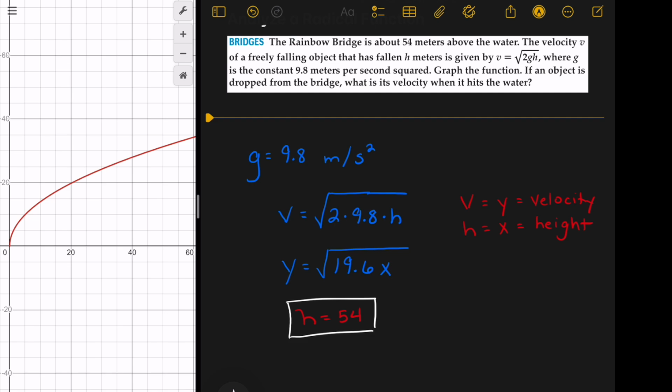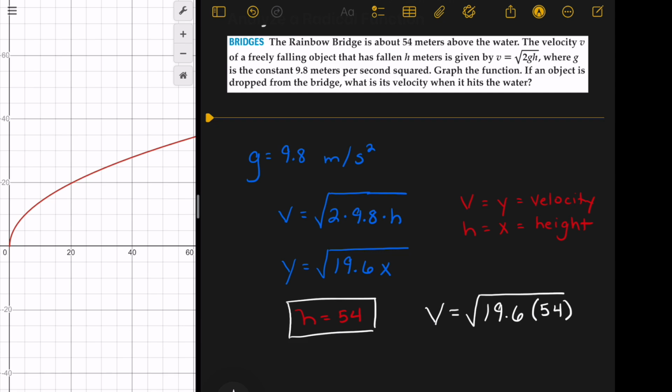So let's go back to our original variables of v and h. v equals the square root of 19.6, and now instead of h or x, I'm going to use 54.